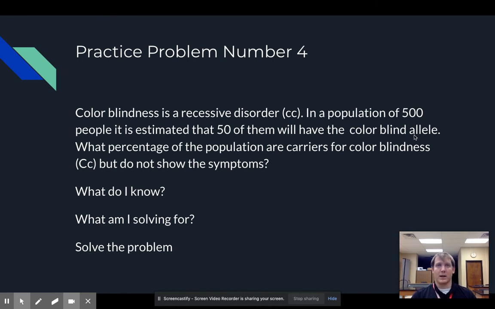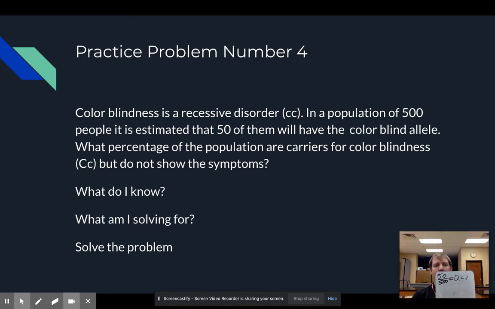If I look at my notes from P and Q, remember that Q is equal to my recessive allele. So I don't have to solve for Q. They already gave it to me. 50 divided by 500 is equal to my Q. So I'm going to turn that into a decimal real quick. 50 divided by 500 is equal to 0.1. All right, so Q is equal to 0.1.